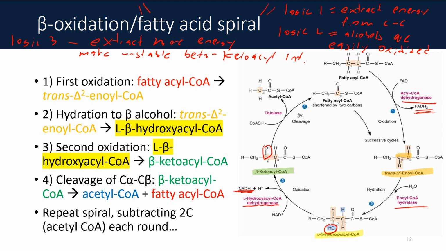Why do I think the beta-ketoacyl is special? This here is the key to beta oxidation. What we have just done is generate a second, highly electron withdrawing, highly polar functional group on this other side of the alpha-beta carbon-carbon bonds.